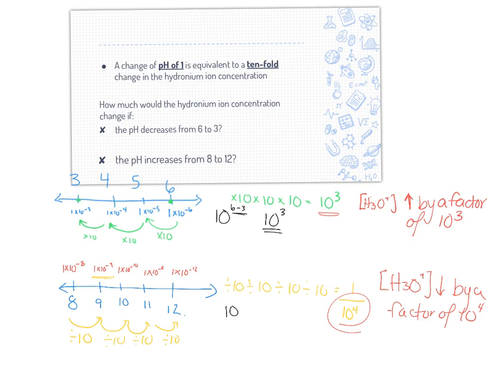Over here, we go from 8 to 12, and we subtract those two, and we get 10 to the negative 4, which is exactly equal to 1 over 10 to the 4, using our math brain. So just by subtracting the two pH values and putting them to an exponent of 10, we can decide if it's increased or decreased, and by how much.